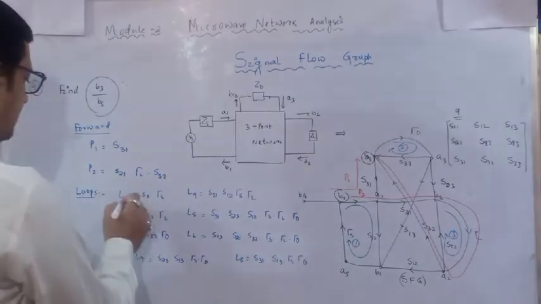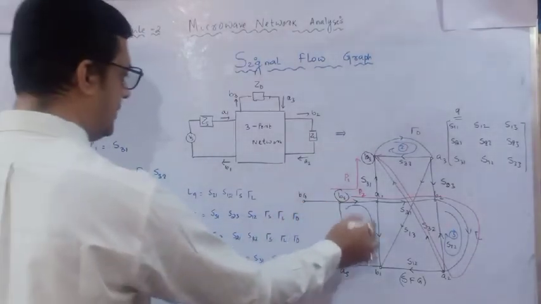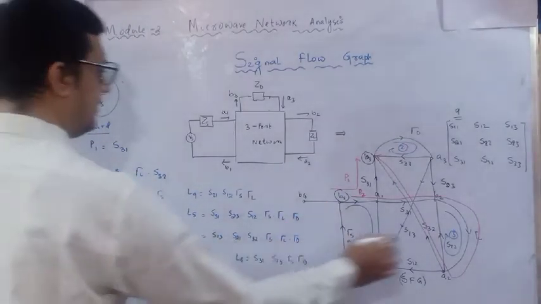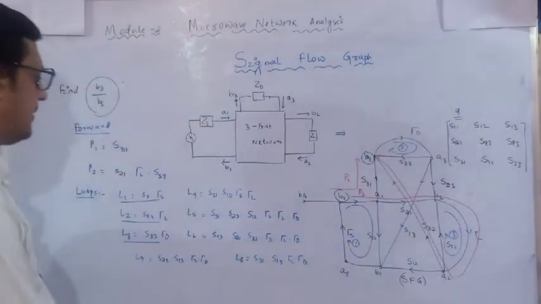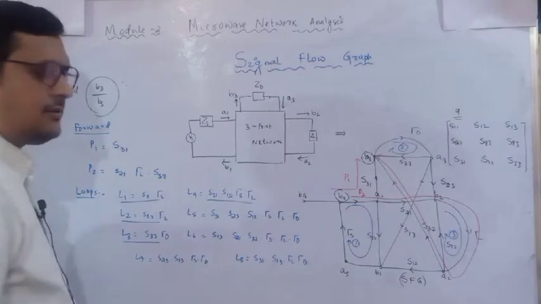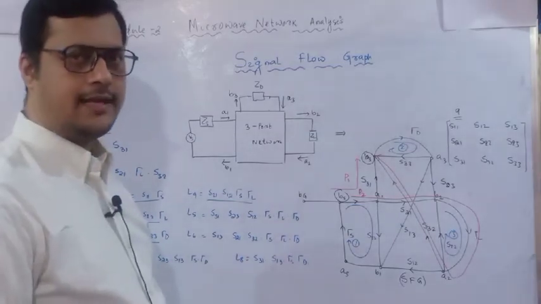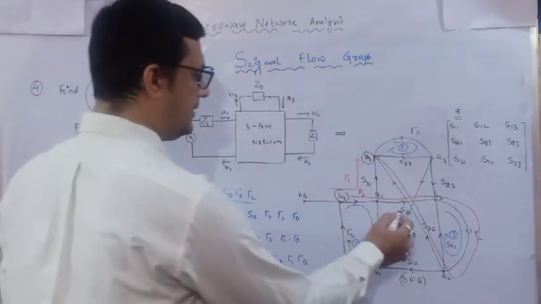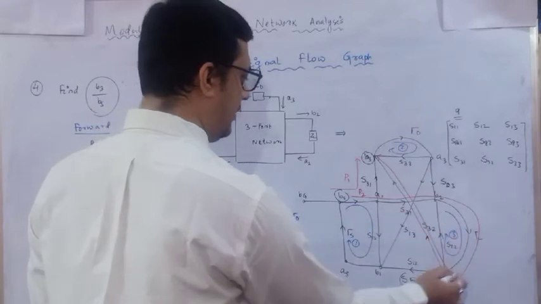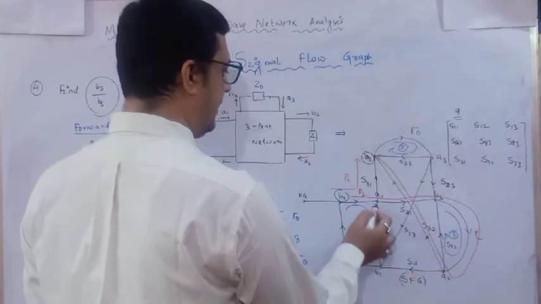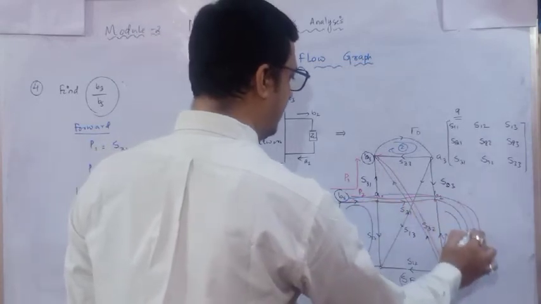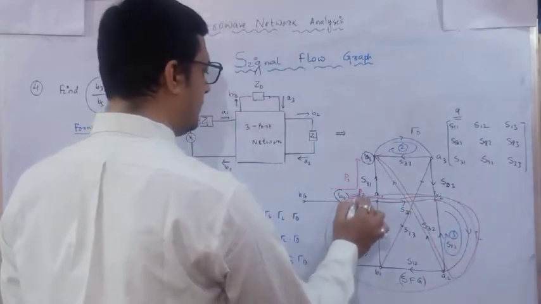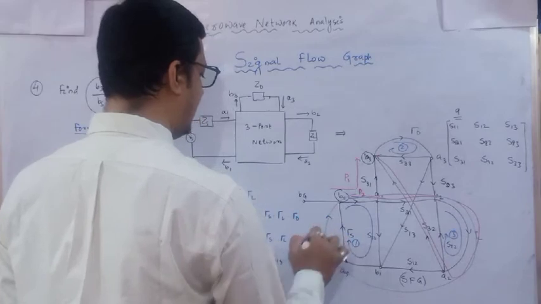First, as I have shown, this is one loop. Second, this is one loop. Third, this is one loop. Now the fourth one is S21, S12, rho s and rho l. You can see S21, rho l, S12, and then this is rho s. So this can act as one loop. This one is called L4.